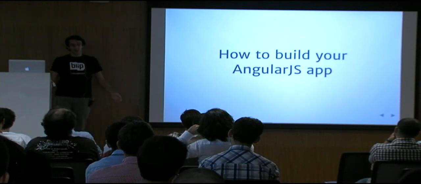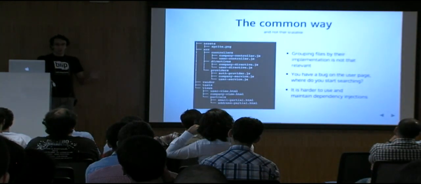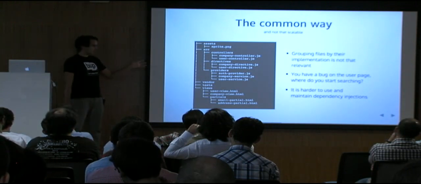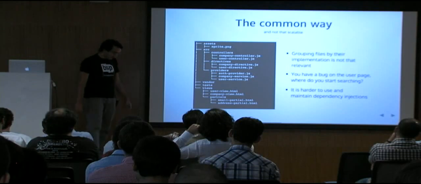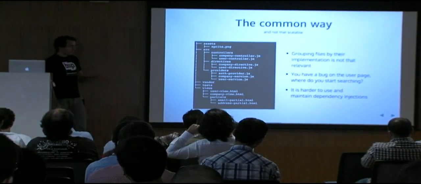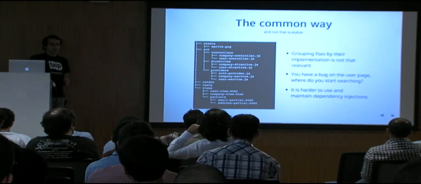So, how do we build? How should we build our app? If you go to Google and try to search it, it will be your first example, and it's not that scalable. Many developers group their files by implementations.